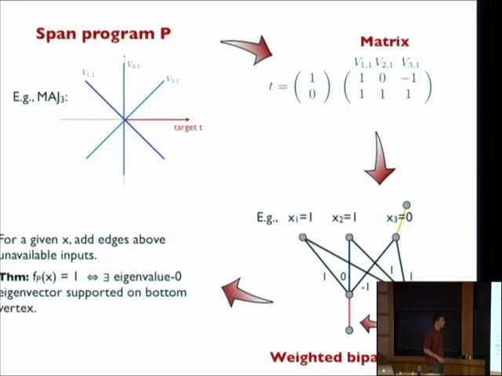When you do that, it's simple to see that the span program evaluates to true exactly when this graph here has an eigenvalue 0 eigenvector that's supported on this vertex here, meaning it has a non-zero coefficient on this vertex here. So let me show that. Here we are. So we can assume that the coefficient is 1 by scaling if it's non-zero.